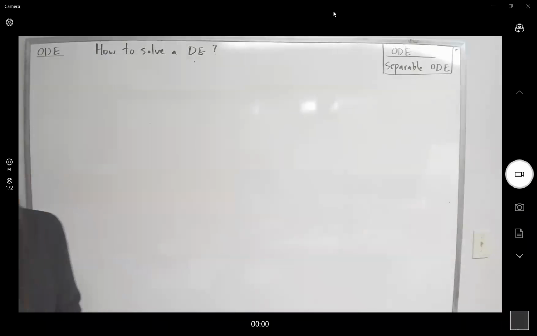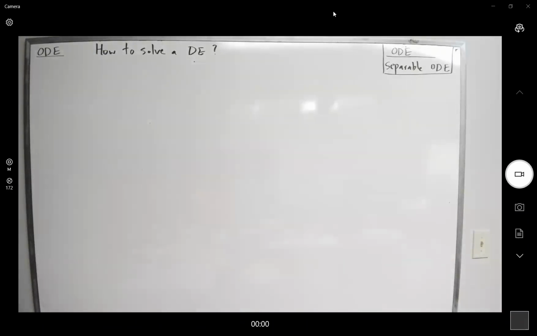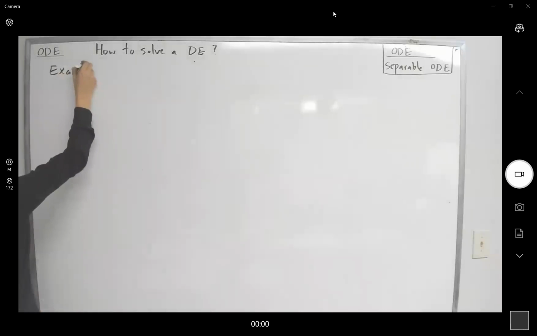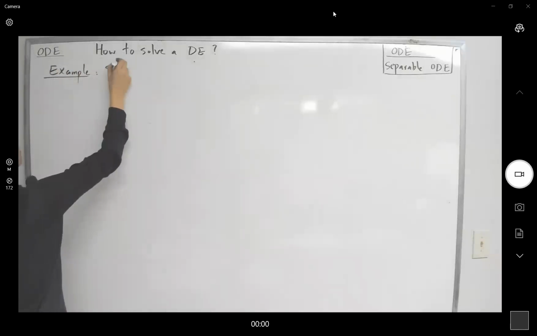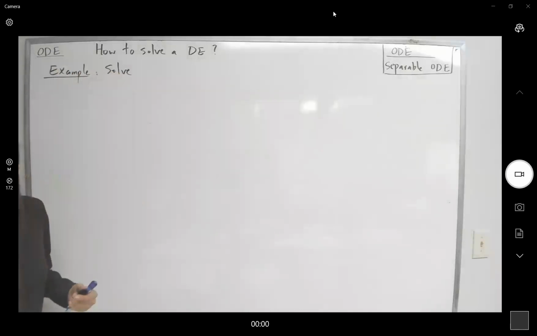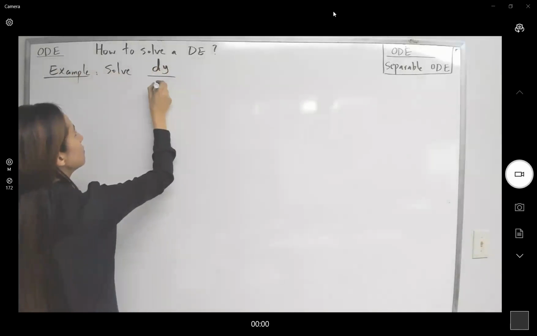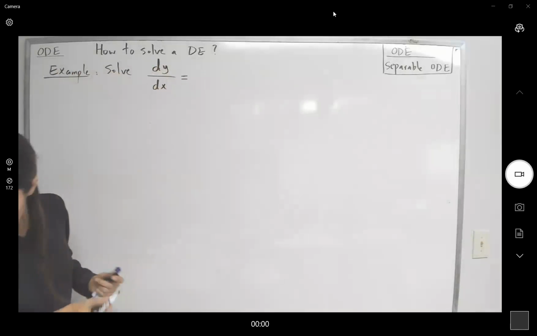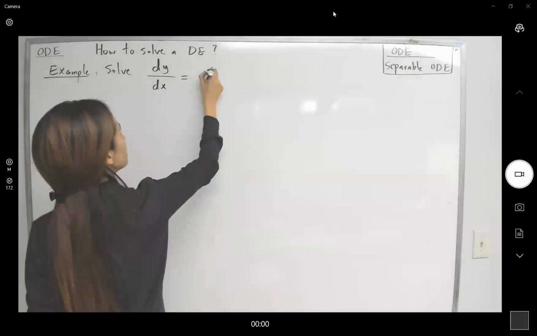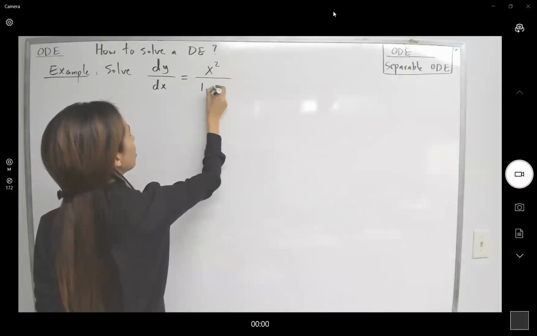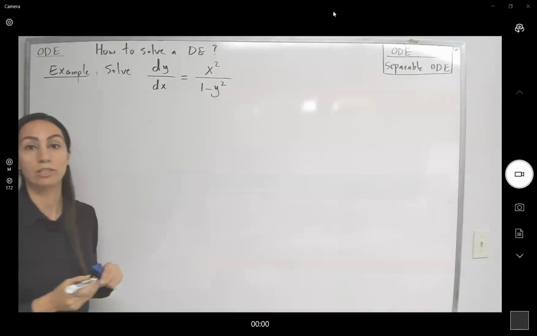This example says, solve the following: dy over dx equals x squared over 1 minus y squared.